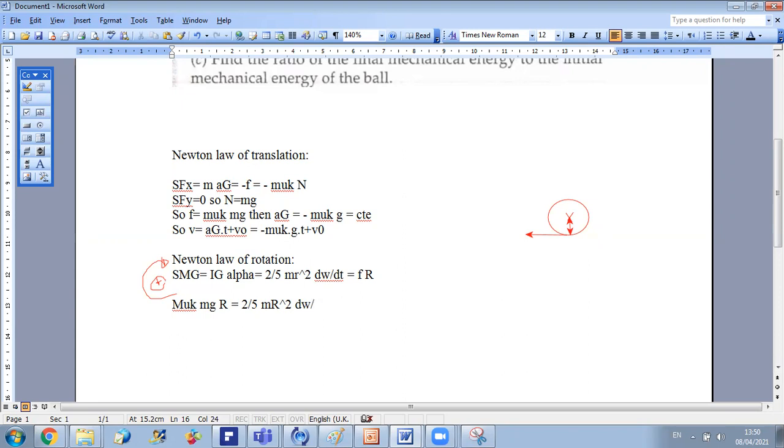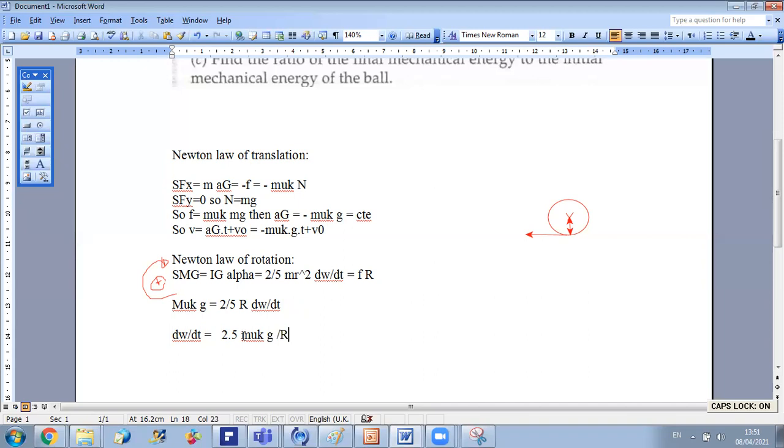So now if we simplify، بنشيل ال r وبنشيل ال m، شو بيطلع لنا؟ بيطلع لنا انه d omega over dt is equal to، فإذا مثل ما قلنا ال r will be simplified وكمان ال m، فبتصير d omega over dt هي 5 over 2، يعني 2.5 times mu k g over r.